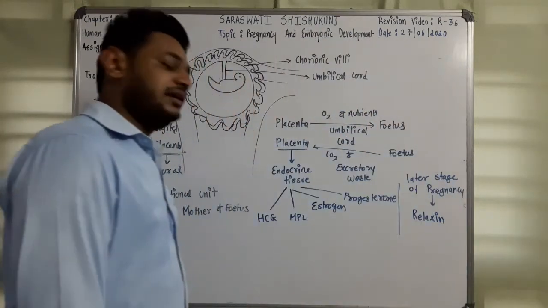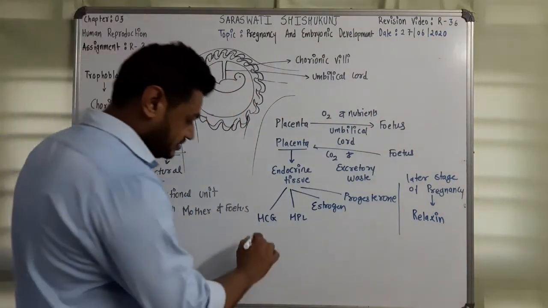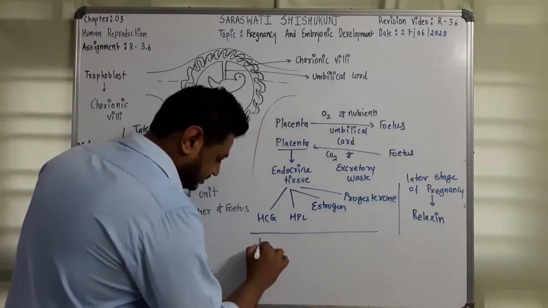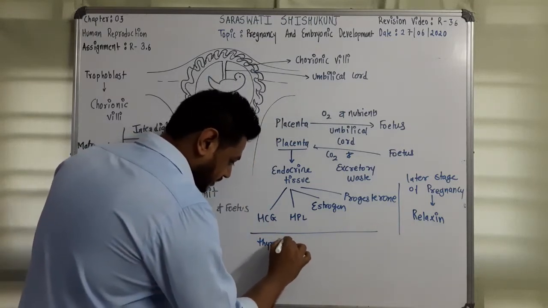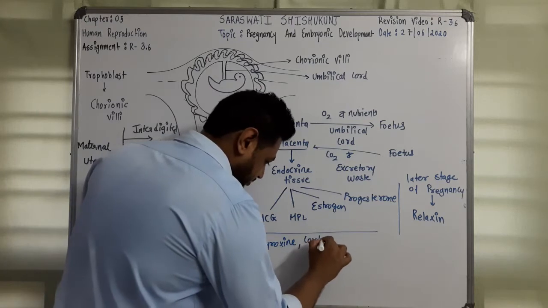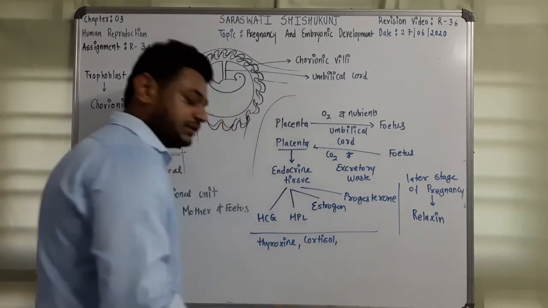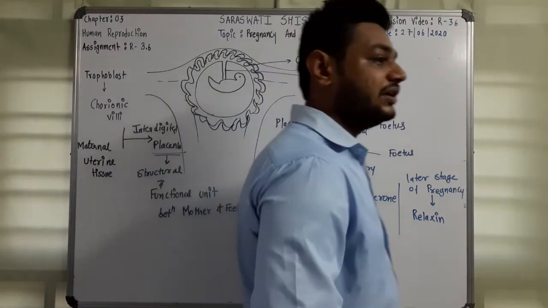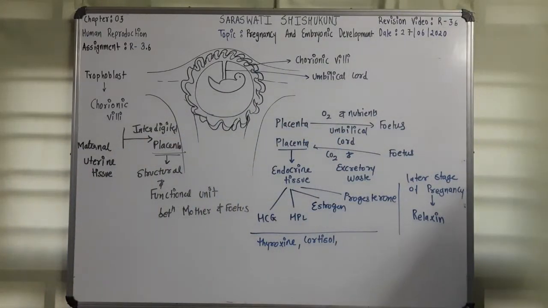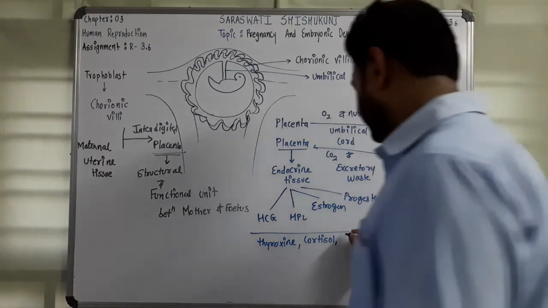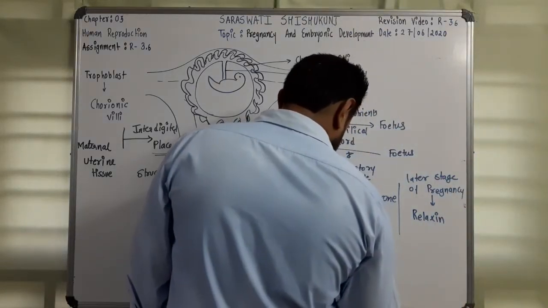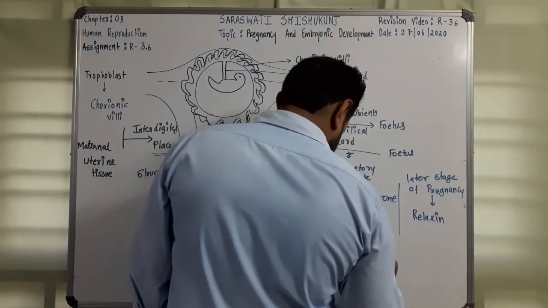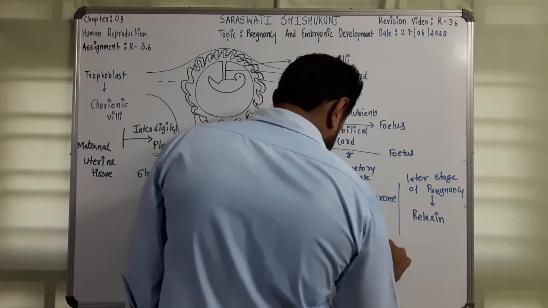Other hormones are thyroxine, cortisol, and the next one is prolactin. Okay students, so this is the third hormone.